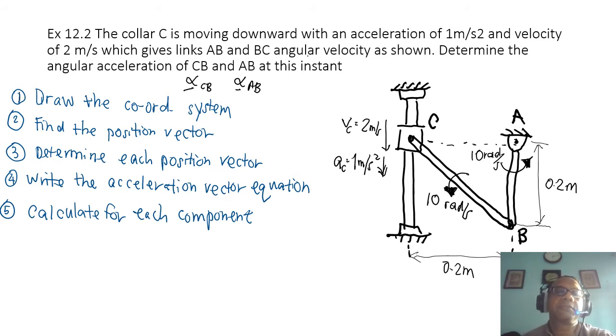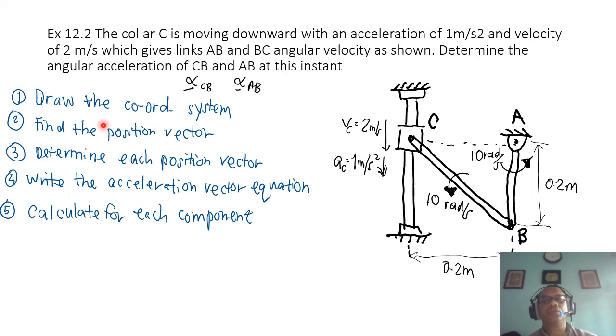There are similar techniques that have been used before, which is to draw the coordinate system, and then determine each position vector, write the acceleration vector equation as before, and calculate for each component. So let's try to do that now.